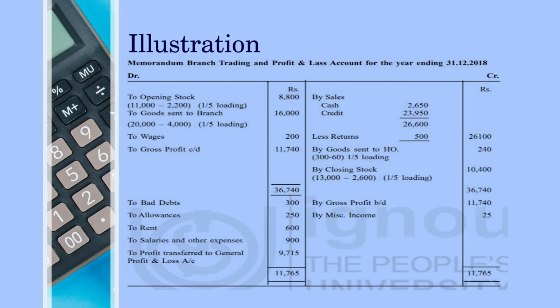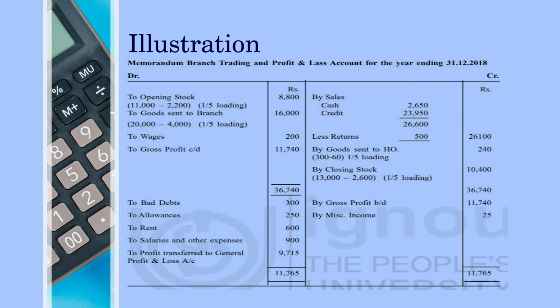The opening stock amount was 11,000, the loading amount included is 1/5, and 1/5 of 11,000 is 2,200. If we subtract 2,200 from 11,000, we arrive at 8,800.